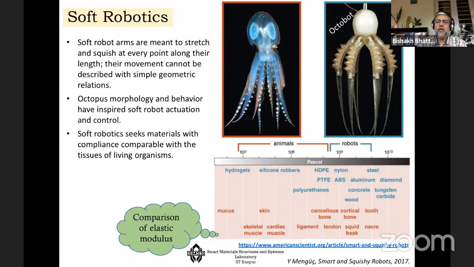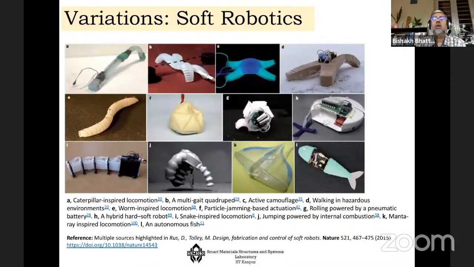On the other hand, robots like the aluminum alloy robots can give a much larger force, something in the gigapascal level, but they are heavier in weight. So you can compromise on this force a little bit, but reduce the weight so that you can develop something more organismoid in nature.